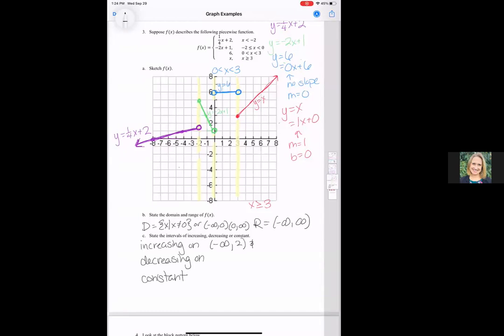And again, when y equals x, that's a positive 1 there. And from 3 to positive infinity. And even though the endpoint is included here, when it's an interval, it's not included in the interval. It's not increasing at that point, it's increasing after that point.